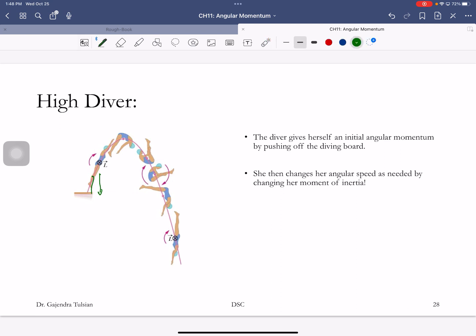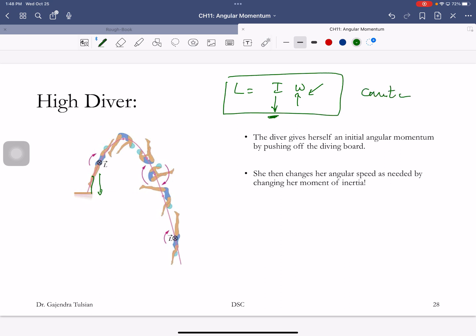Yes. So you have a given amount of angular momentum. If you want to spin more, you reduce your moment of inertia more. The longer you've reduced it, the greater amount you've spun before you hit the water. So you are utilizing this constancy.